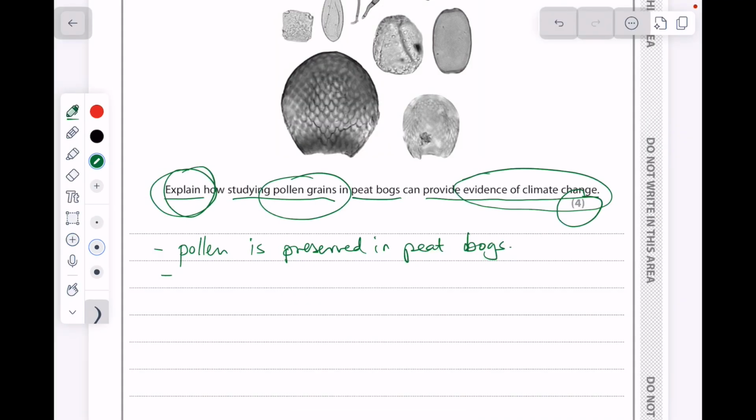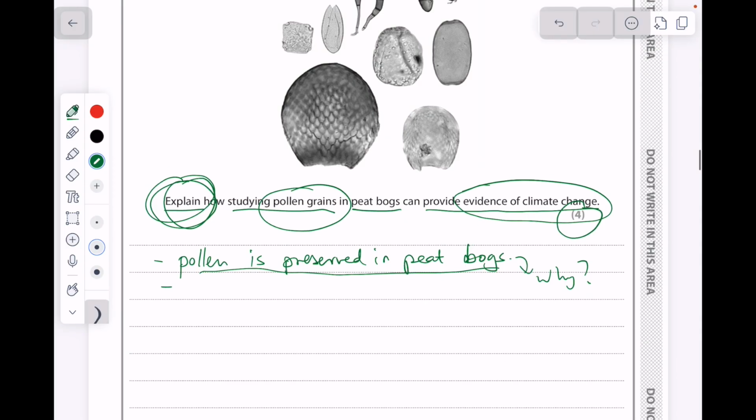Okay, so pollen is preserved in peat bogs, but why? Because it says explain, the best prompt you can give yourself is why. So pollen is preserved in peat bogs. That's the basic principle of how you can use pollen as evidence of climate change. But why is pollen preserved in peat bogs?